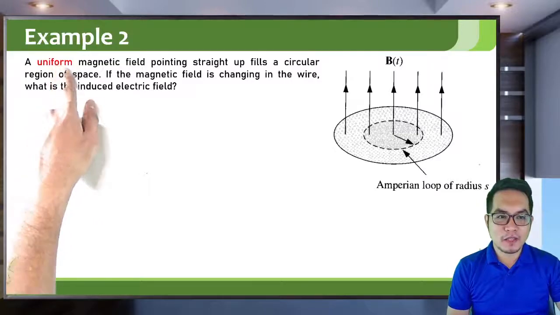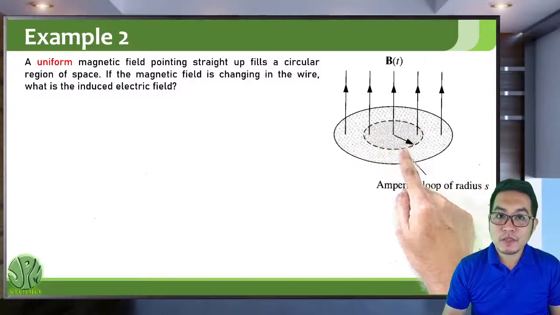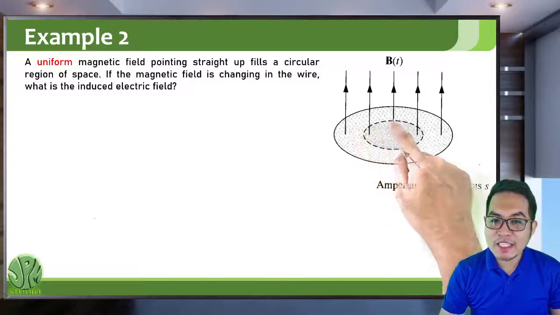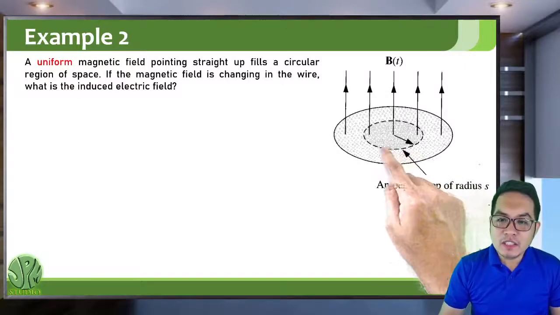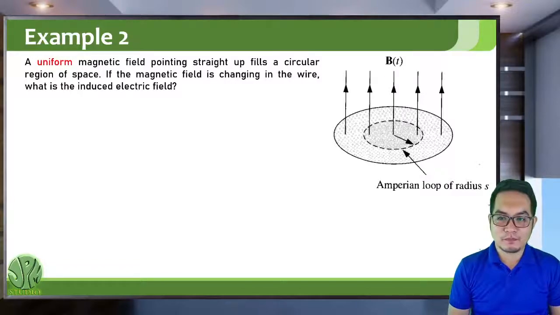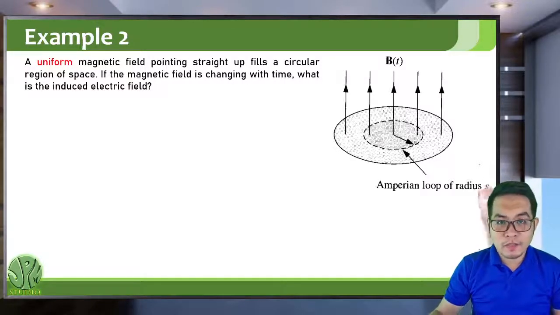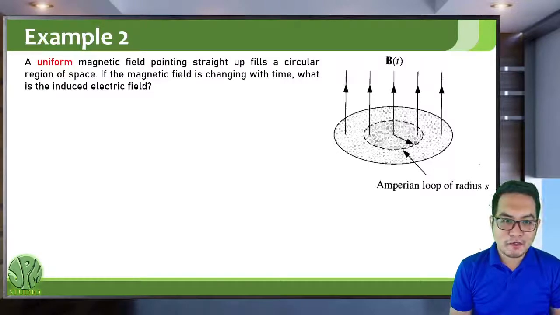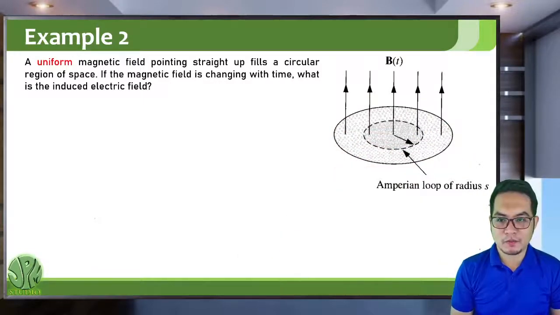The uniform magnetic field here only means that at every point in this circular region the magnetic field values are the same, but they are changing with time, not with space.